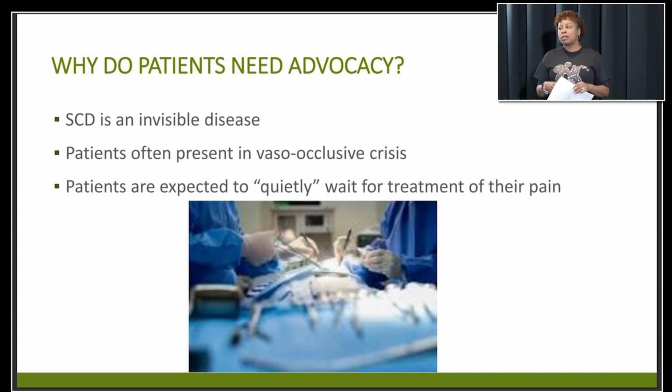I love the suggestion about bringing a blanket with you so that you can stretch out on the floor. That might motivate them to move a little quicker. But I think even more importantly, being that voice for yourself and talking about what your needs are, having a treatment plan, having a physician that supports you and can be an advocate for you are also ways that we can get the care we need. Next slide, please.